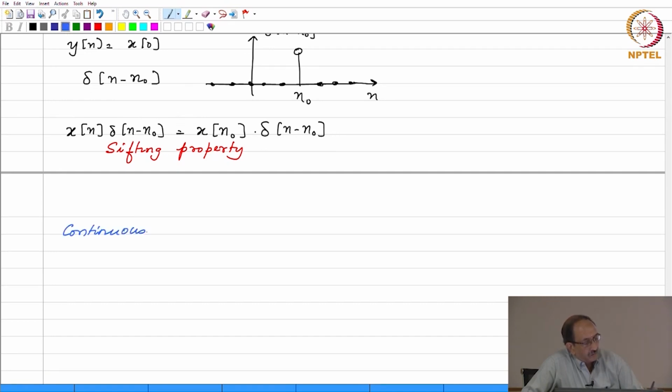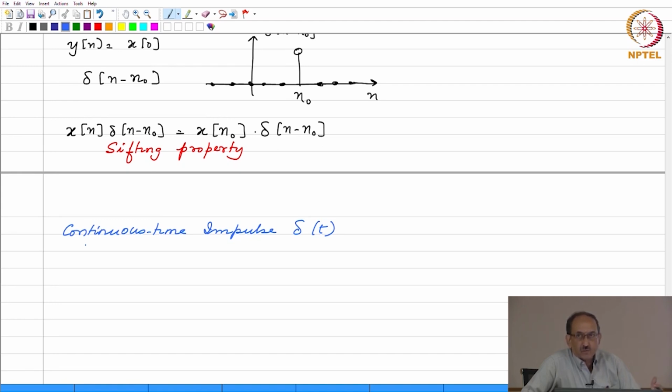So, this is the continuous time impulse, and this is called the delta function delta of t, and this is also called the Dirac delta function after it was introduced by Dirac in quantum mechanics. But this idea of impulse was known even before Dirac's time.